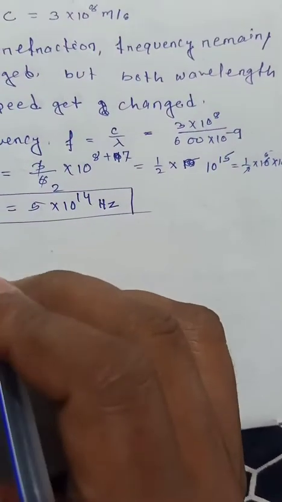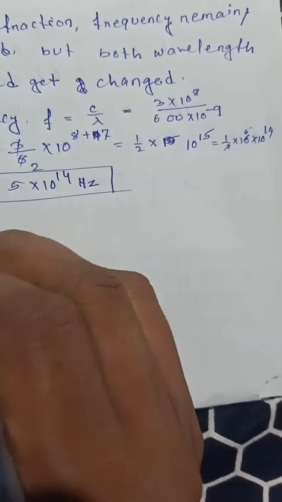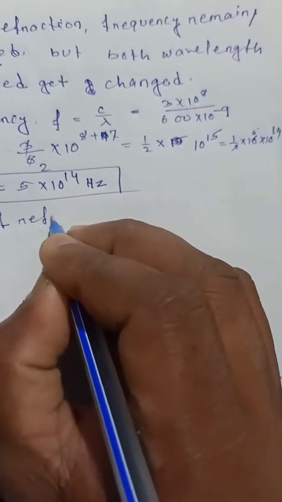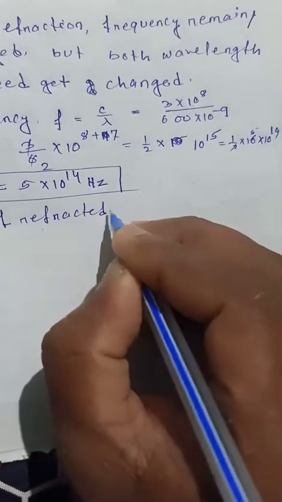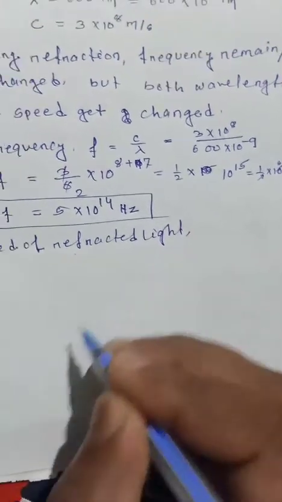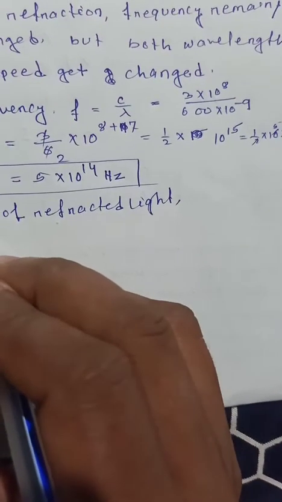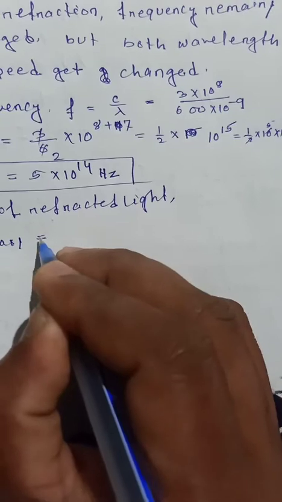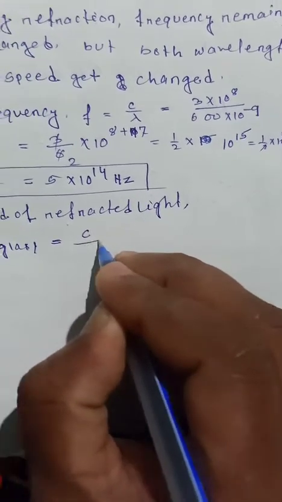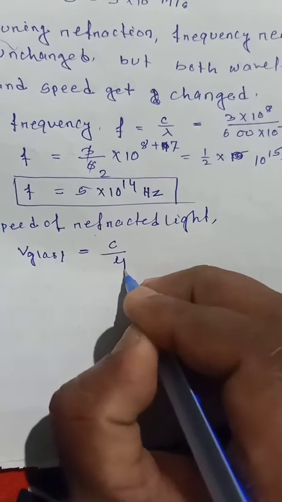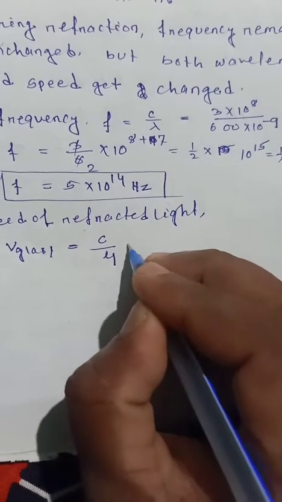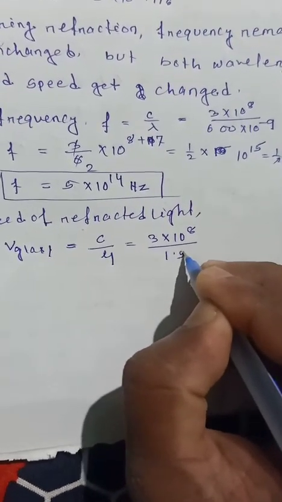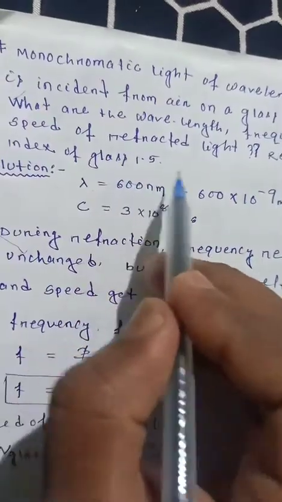Now I have to calculate the speed of refracted light. The speed of refracted light, V glass, is equal to velocity of light divided by refractive index of glass. That is 3 into 10 to the power 8 divided by 1.5, where mu glass is 1.5.